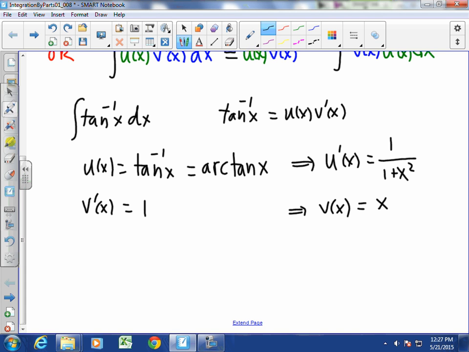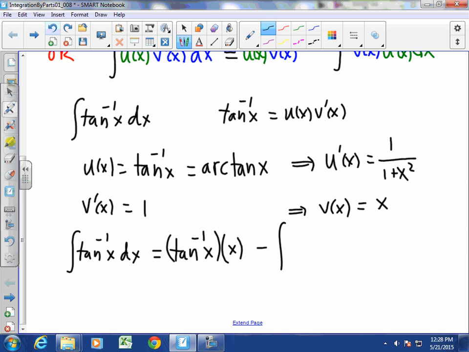So the given integral of tangent inverse x dx is therefore u of x times v of x. u of x is tangent inverse x, and v of x is x, then minus the integral of v of x times u prime of x, 1 over 1 plus x squared dx.